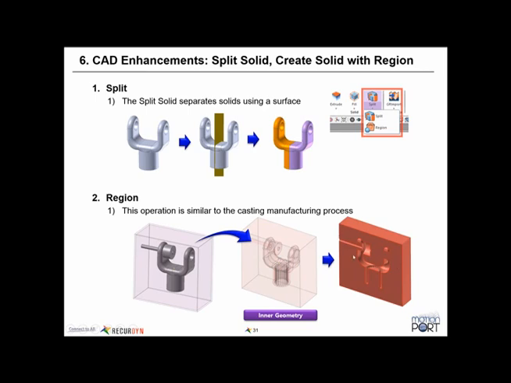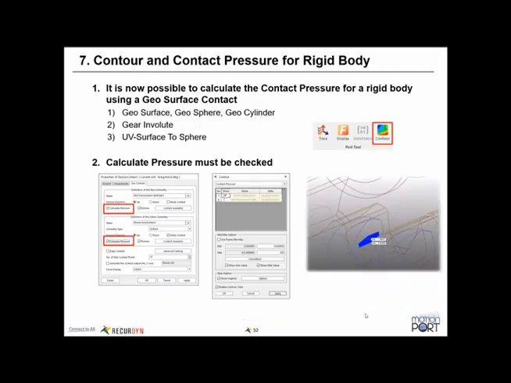Then you can do this region operation and then the new split operation, and as you see, it's like you have half of a mold. Then if you want to use ParticleWorks to model injecting your fluid into your mold, you could do something like that pretty quickly to set it up.